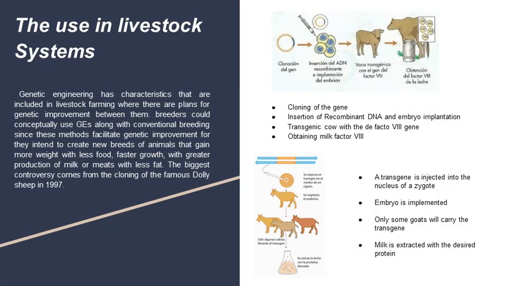Fourth, milk is extracted with the desired protein. These diagrams show the breeding of animals, such as goats, for production systems.